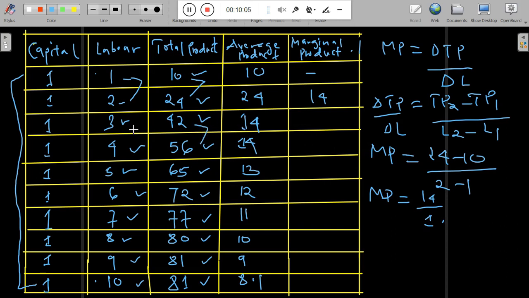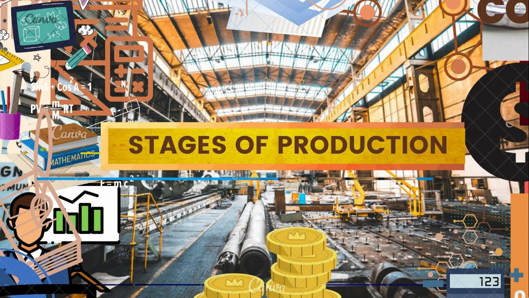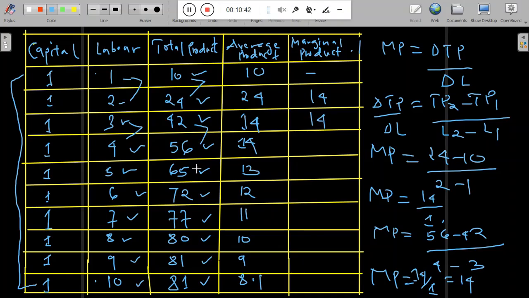So there it will be 14. The same applies, we take 56. So the answer over there will be equal to 14.